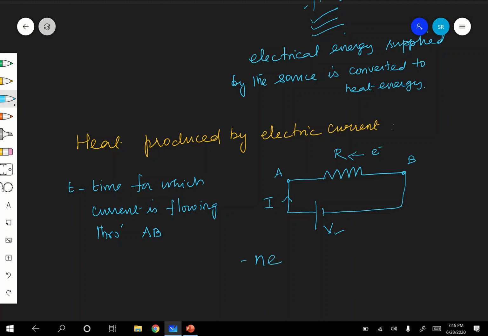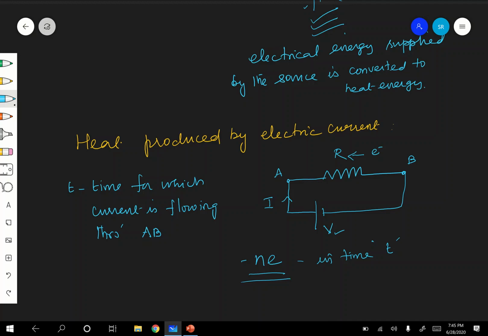Here e is the electronic charge, and n is the number of electrons moving from B to A in time t. So the charge moving from B to A is minus Ne.